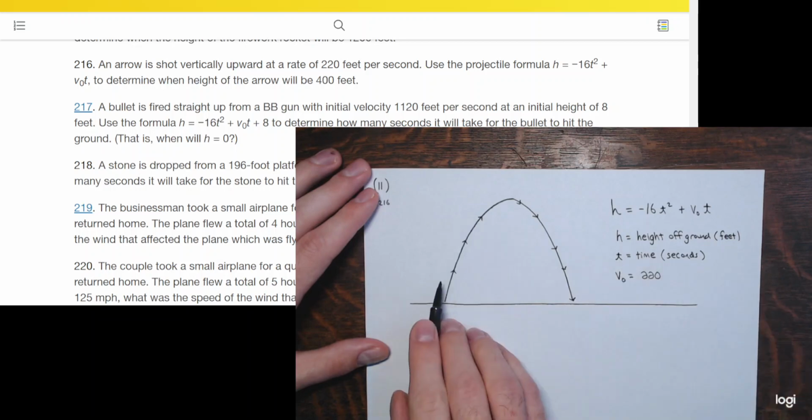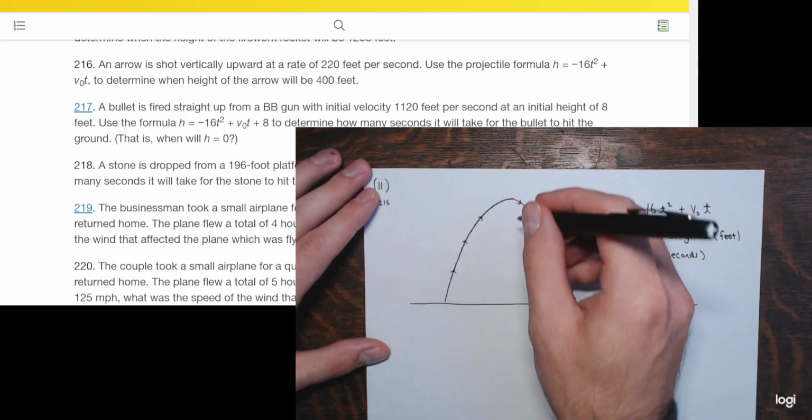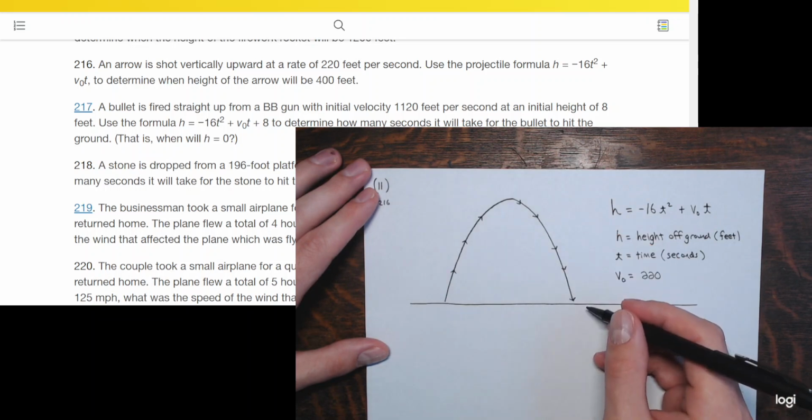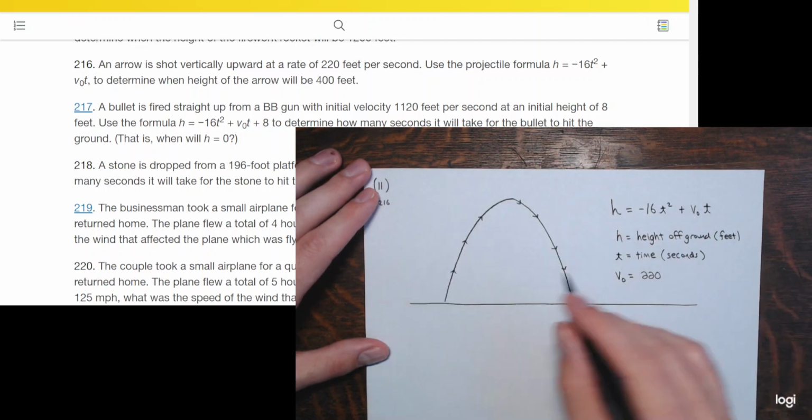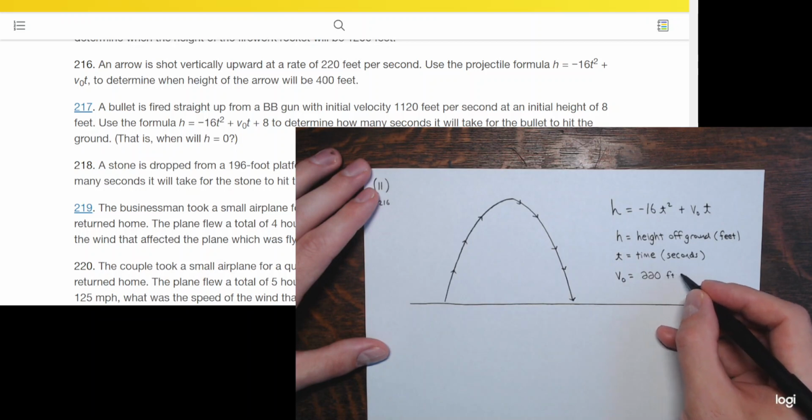I'm going to count going up as positive velocity and going down as negative velocity. So shot upward, this is a positive velocity of 220 feet per second.